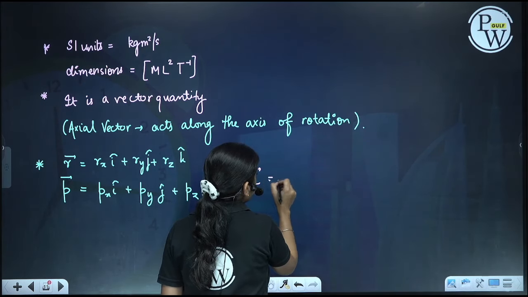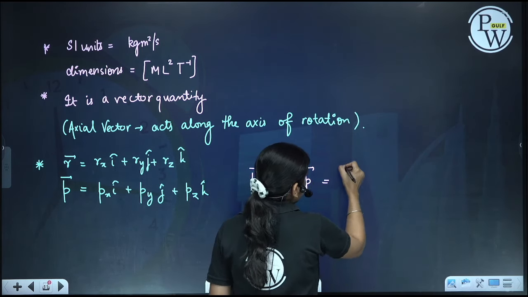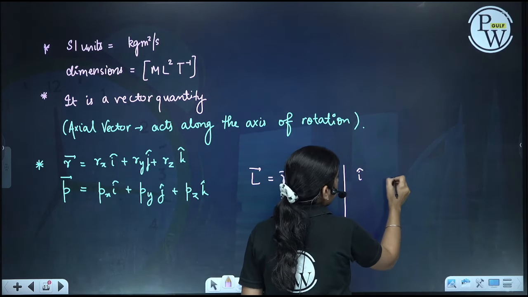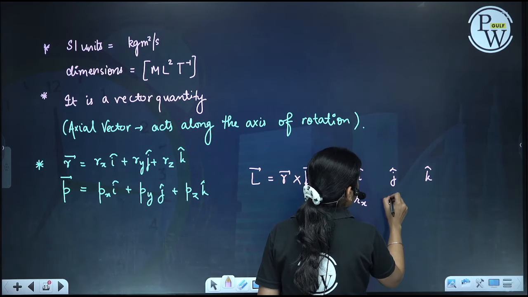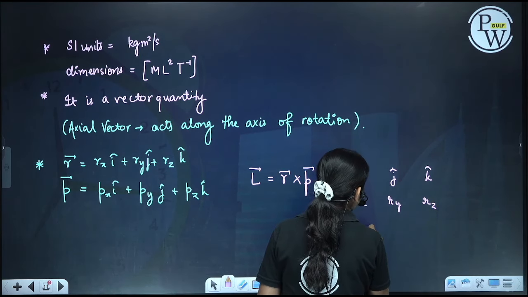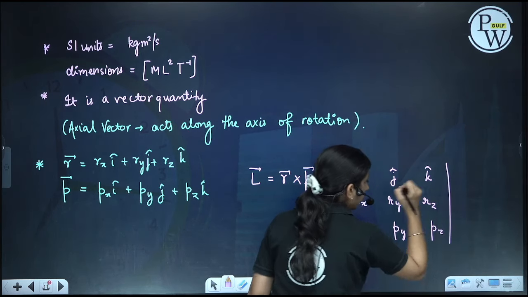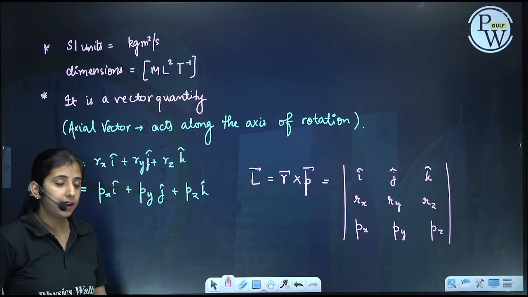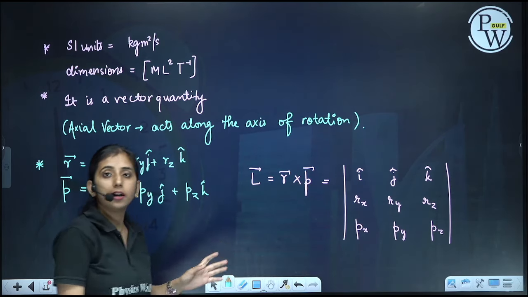Angular momentum is r cross p. So it will be simply the cross product of the two vectors i, j, k. Write components of r first, rx, ry, rz, and the components of p, px, py, and pz. Now open this determinant or expand it about the i, j, k axis, then we will get the L vector.